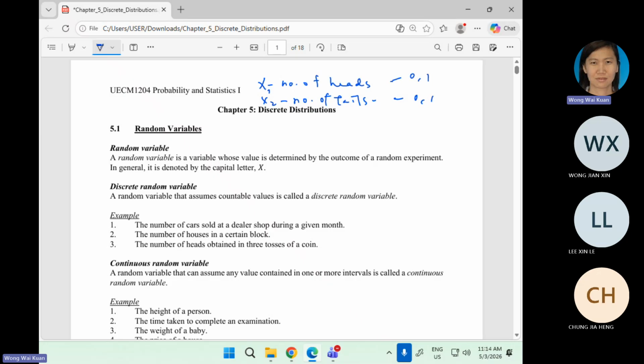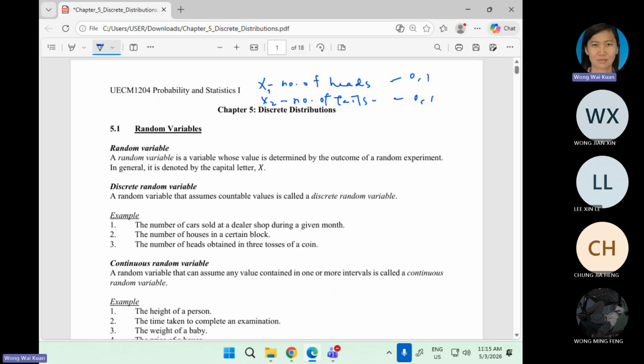Okay? So now, if I roll a die, what could X be? A lot, right?